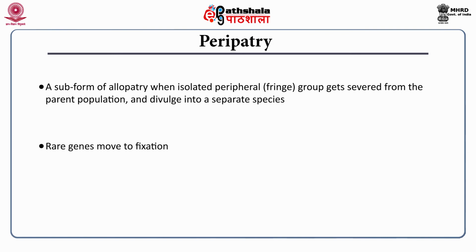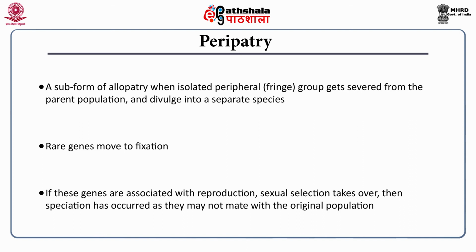The rare genes of the fringe population get into fixation. In the parent population those genes are no longer rare, but because of the separation of the fringe population, the rare allele becomes fixed. Fixed means the frequency of those alleles becomes 1. If these genes are associated with reproduction, sexual selection takes over, then speciation has occurred, as they may not be able to mate with the original population.